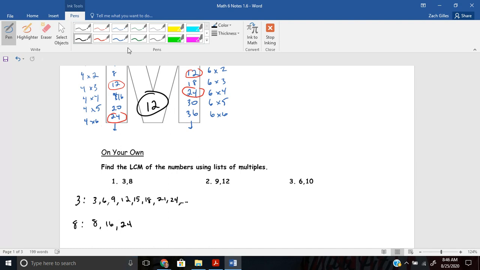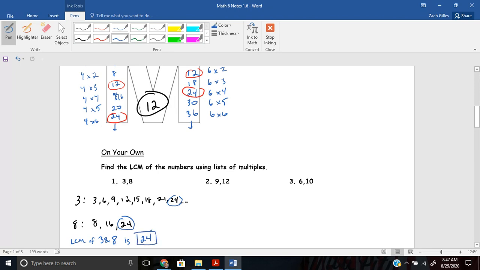Let's pause here and see if we have any common multiples. 3, no. 8 is not common. 16, no. 24 is common. So the LCM of 3 and 8 is 24.